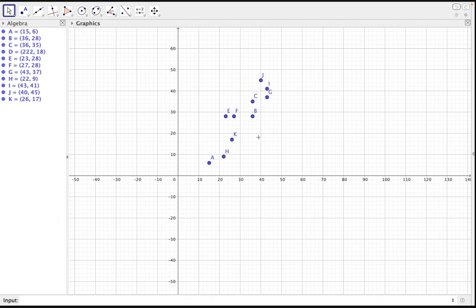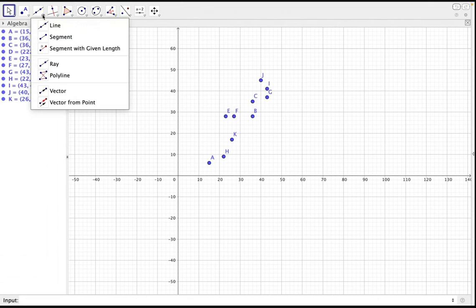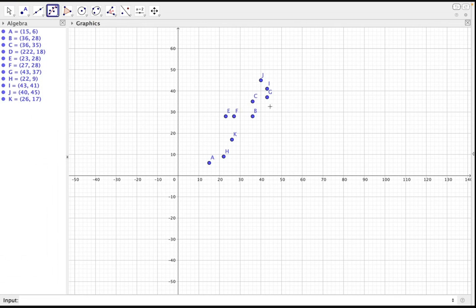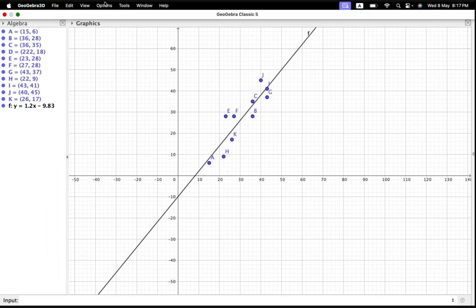So we can see the relation is strong positive. Best fit line. Yes, it will be. There you go.